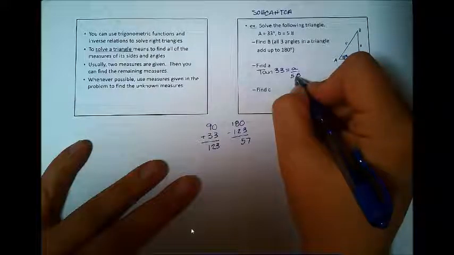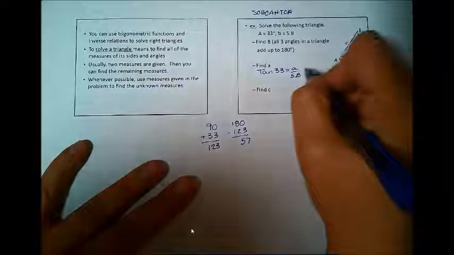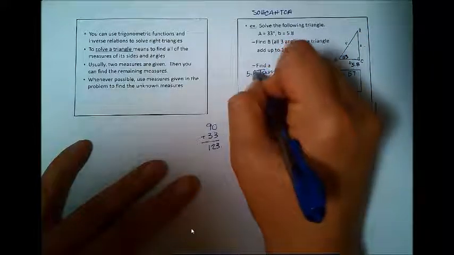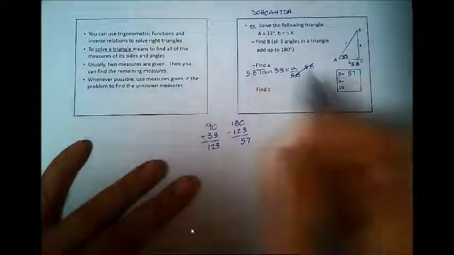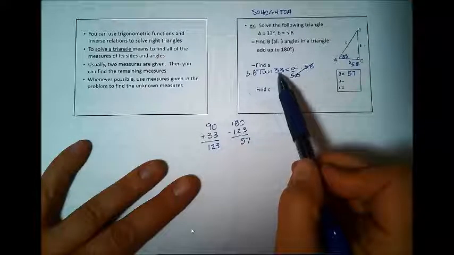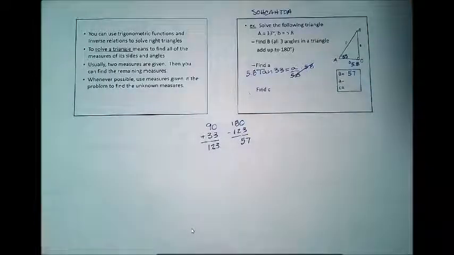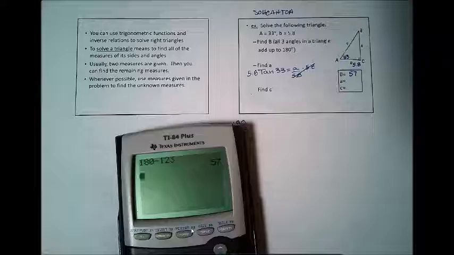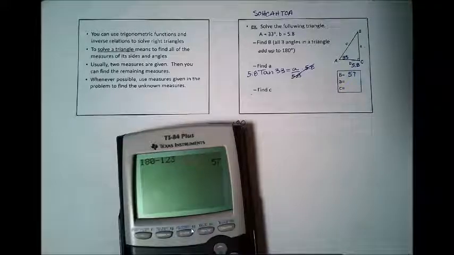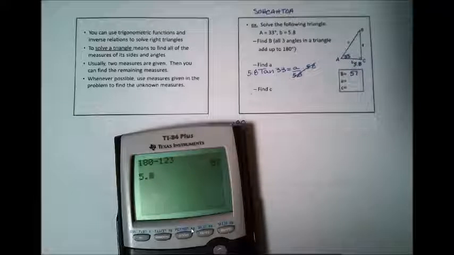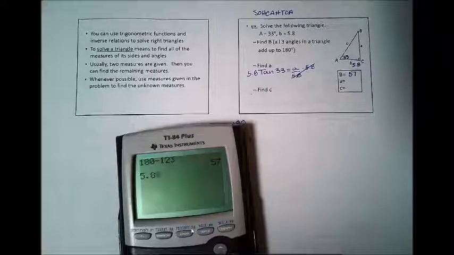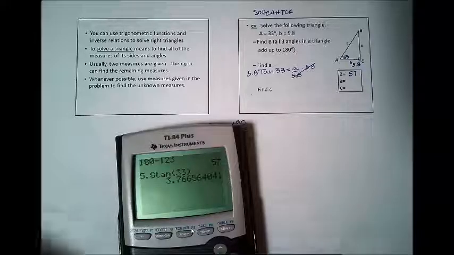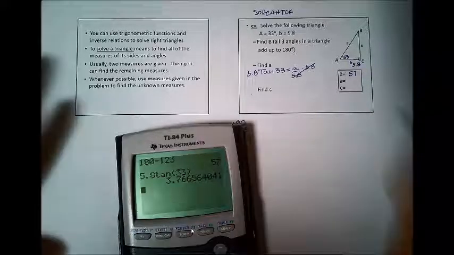We're dividing by 5.8, so we times by 5.8. And what we end up with is 5.8 tangent 33 equals A. So let's get the calculator back out here. We say 5.8 tangent 33, and we get 3.8.